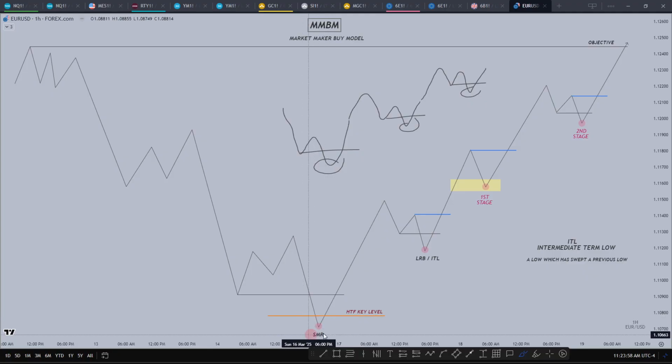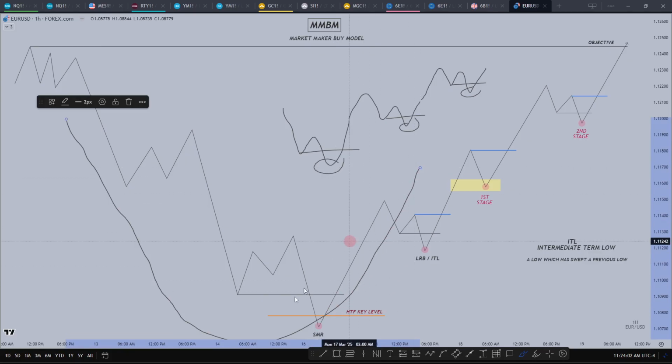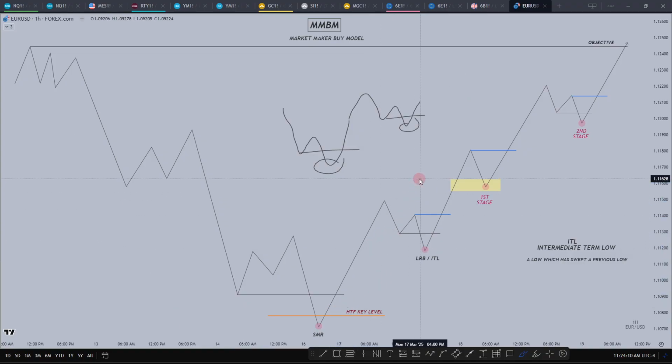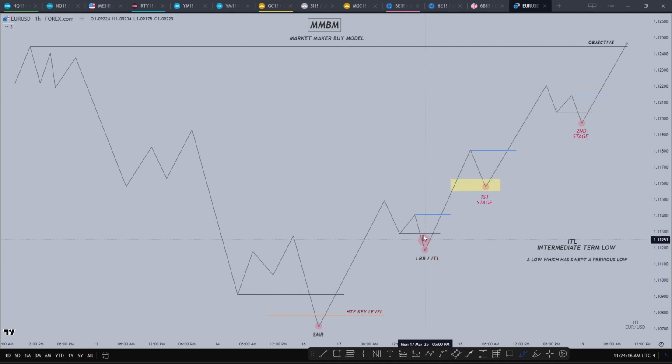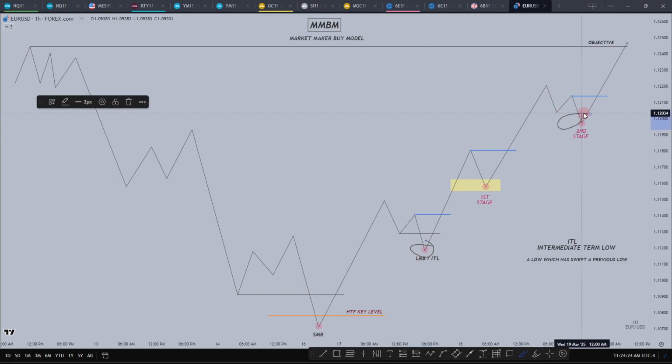Just the one that puts in the reversal, sell side to buy side. This is SMR, not intermediate term low. The ones that form in the continuation legs, those are intermediate term lows. Price is already in buy side of the curve here. So any run on a short term low, and the low that runs the previous low and rejects, this is an intermediate term low. Clear?